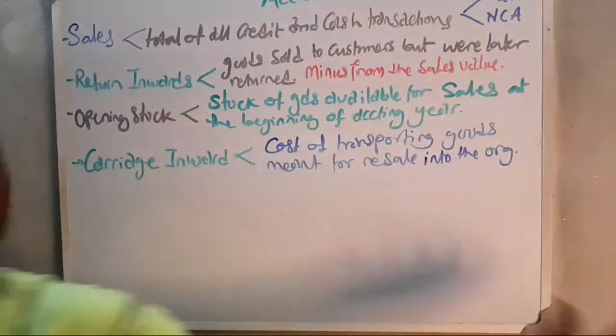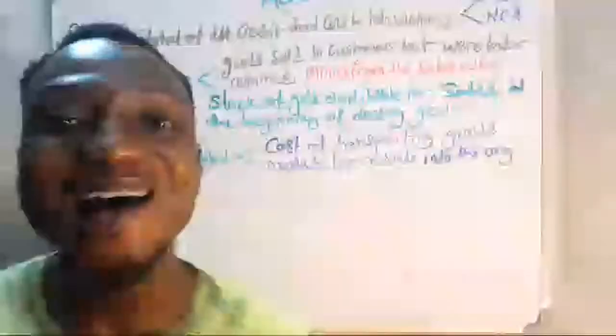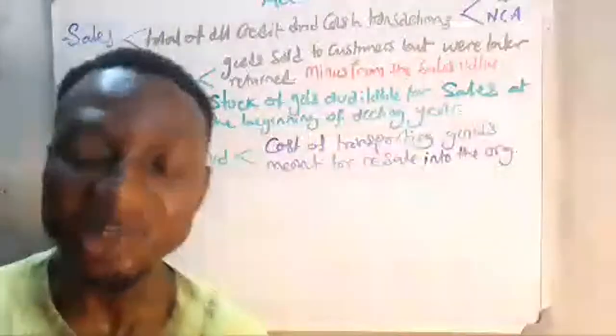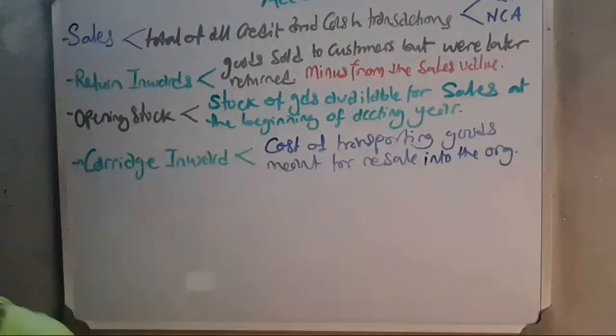The cost of transporting to bring the goods into the organization is what is seen as carriage inward. And this carriage inward is categorized under purchase because the company is spending money to acquire further money. Are we together? So it's seen as expenditure as well, an additional cost.